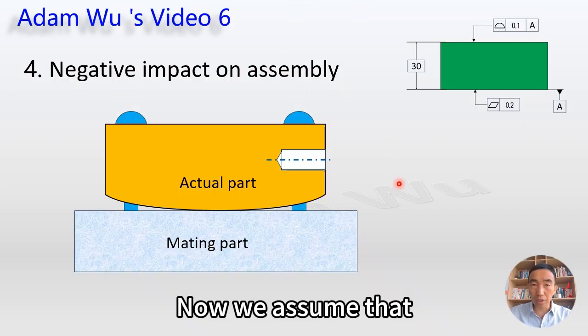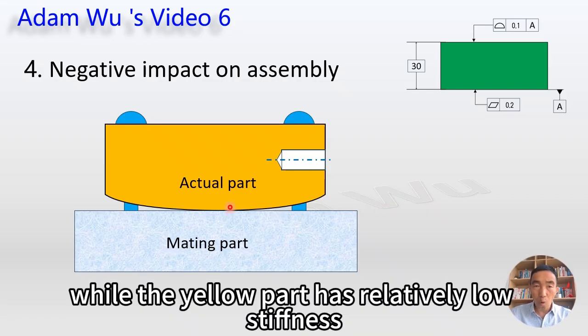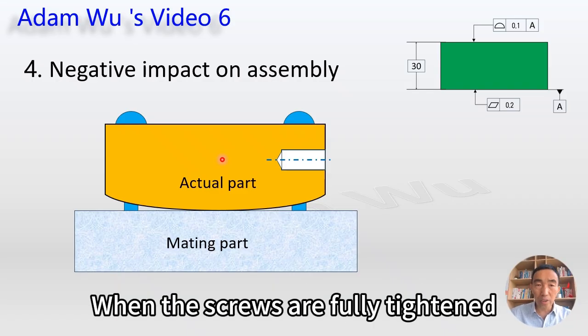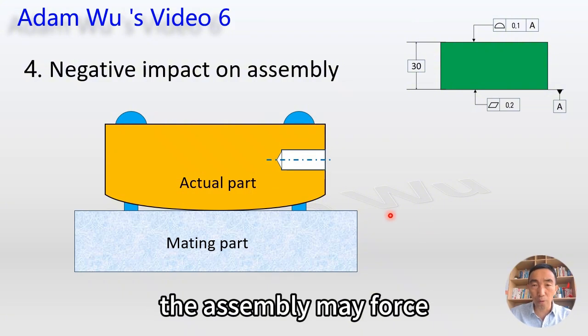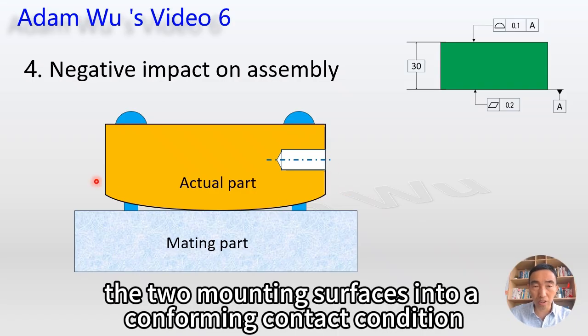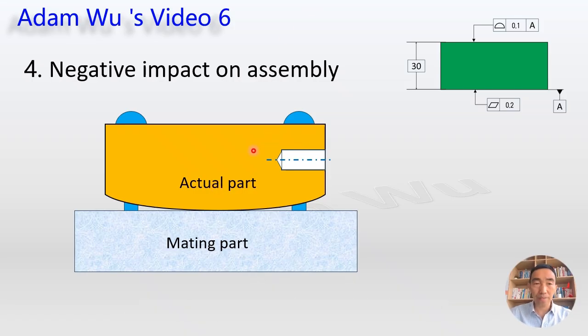Now, we assume that the mating part has very high stiffness, while the yellow part has relatively low stiffness. When the screws are fully tightened, due to the clamping force, the assembly may force the two mounting surfaces into a conforming contact condition, effectively pulling them flat.